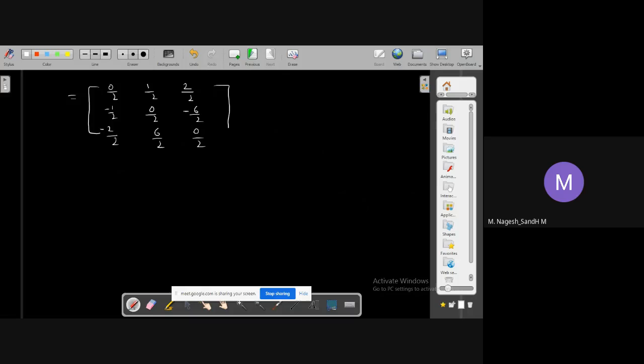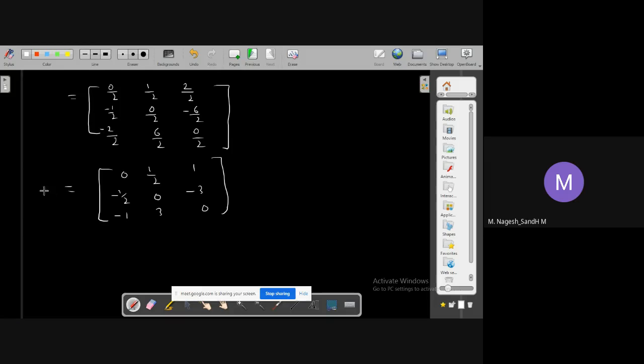So that is nothing but its value is 0, 1 by 2, 2 by 2 value 1, minus 1 by 2, 0, minus 3, minus 1, 3, 0.